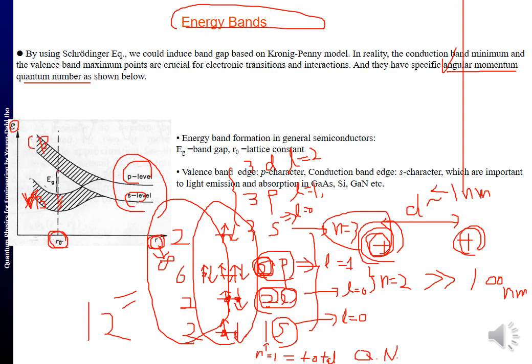The conduction band edge here, this point, the valence band edge or valence band maximum. We can also say conduction band minimum here. Their separation is the band gap Eg. This one is related with S state. This one is related with P state. That is actually related with that concept of energy splitting. Okay.